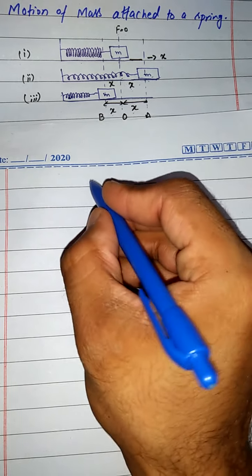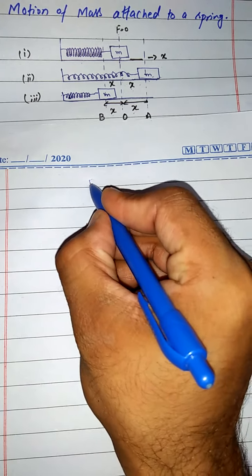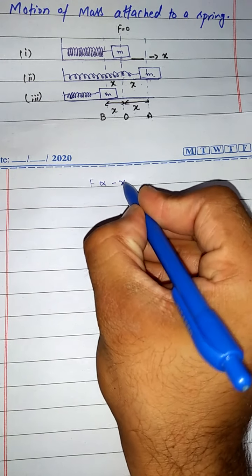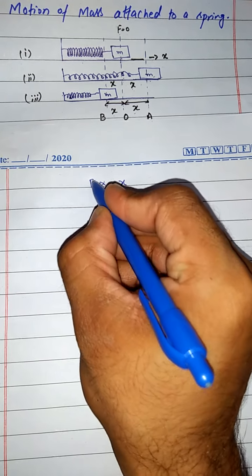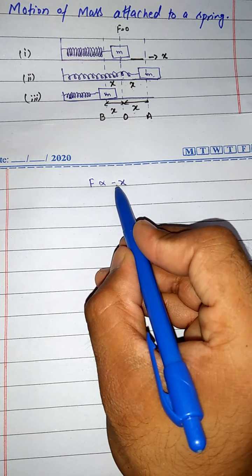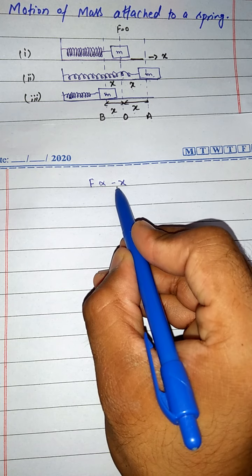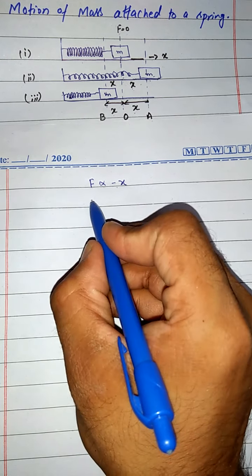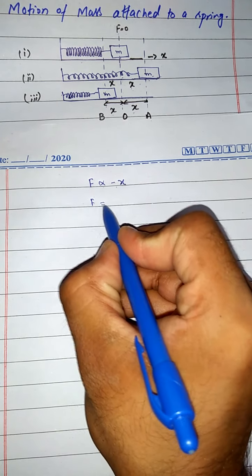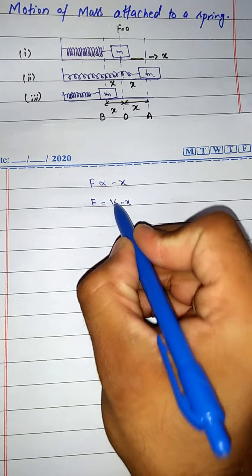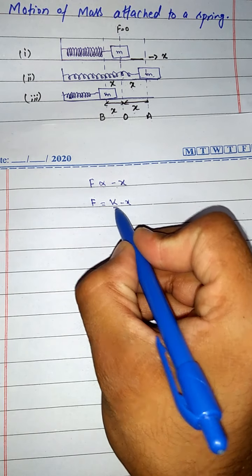So the relation can be written as: the force is directly proportional to the displacement. By Hooke's law, the force exerted on the mass is directly proportional to the displacement. For the proportionality sign, we replace it by a constant, and we use the constant k. Clear?